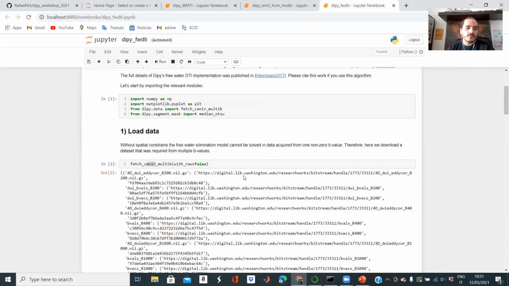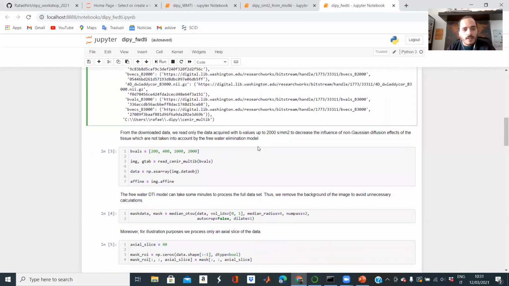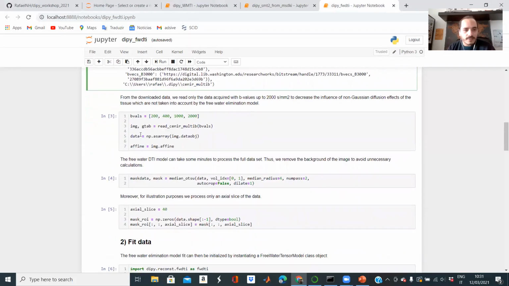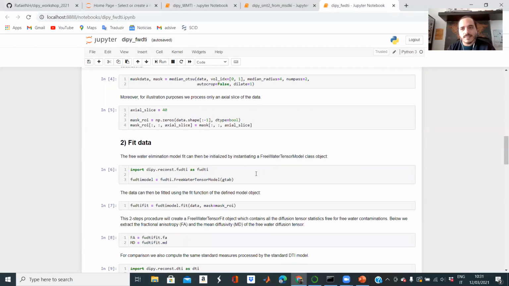So first, you have to download the data. Here I'm fetching another multishell data set that you can also download from Dipy. I'm reading it and doing some masking. So fitting is usually the same routine.